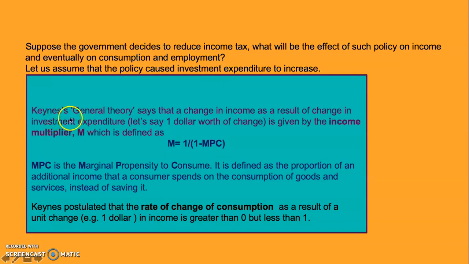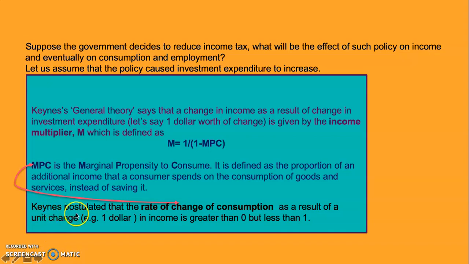Please note that Keynes' general theory says that a change in income as a result of change in investment expenditure is given by the income multiplier, which is represented by M, and it is defined as 1 divided by 1 minus MPC. MPC is the marginal propensity to consume. It is defined as the proportion of an additional income that a consumer spends on the consumption of goods and services instead of saving it.